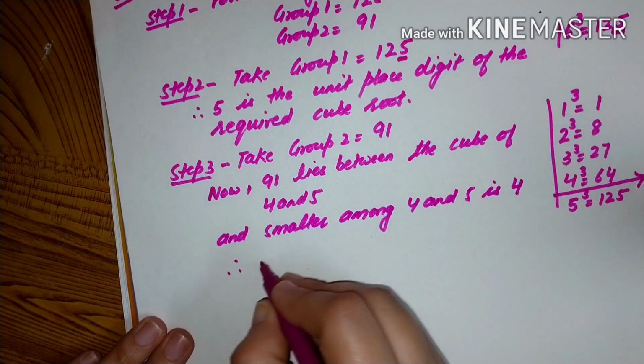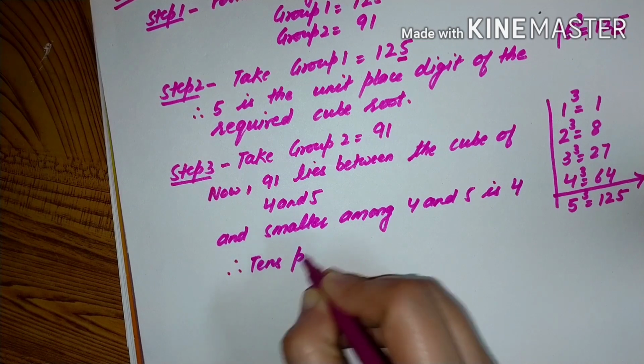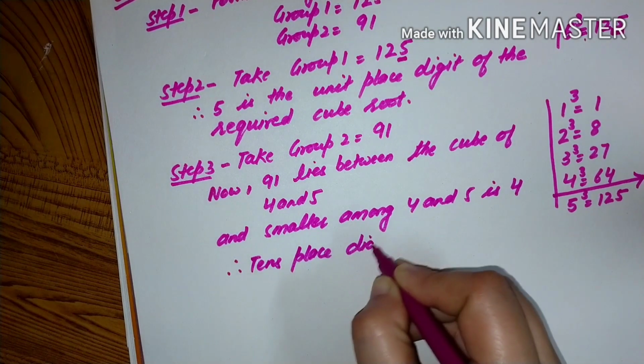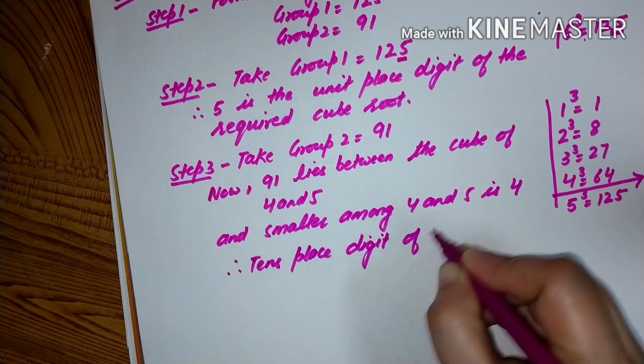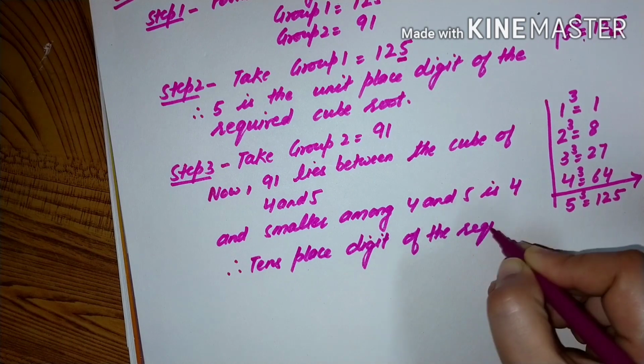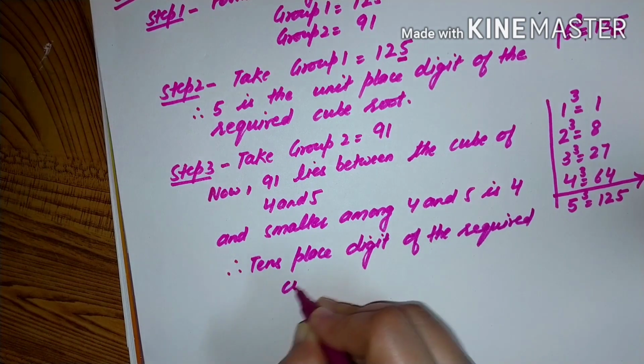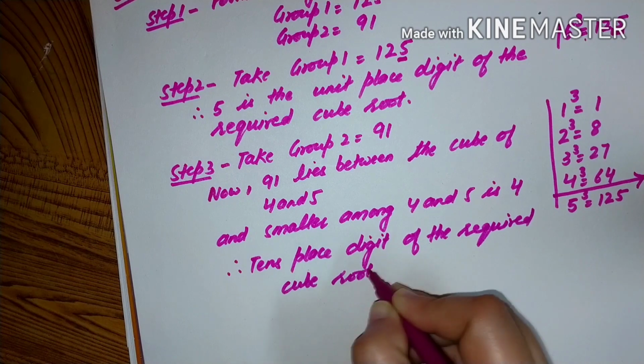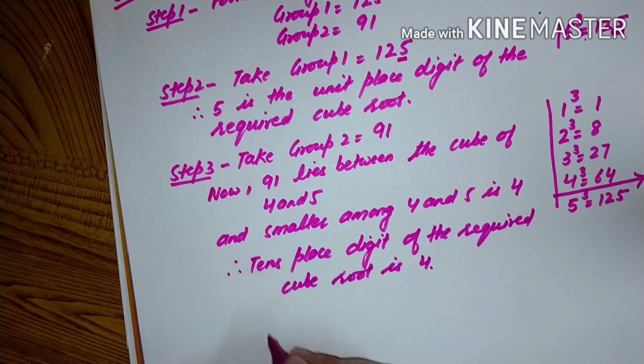Therefore the tens place digit of the required cube root is 4.